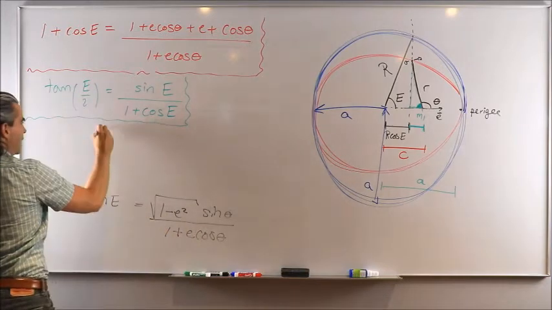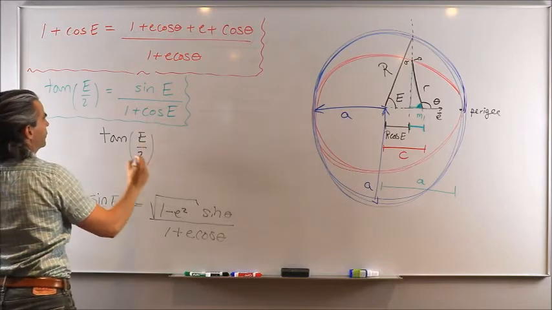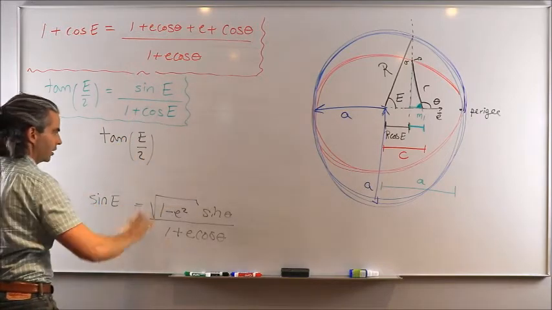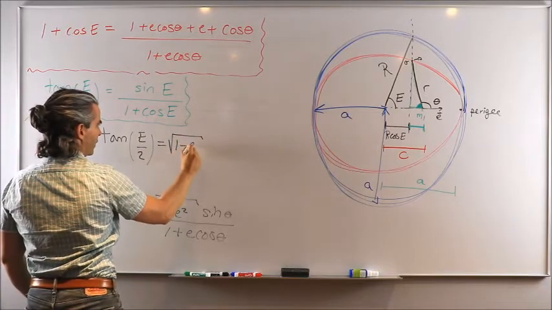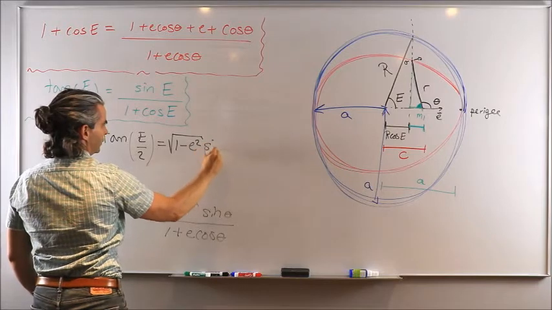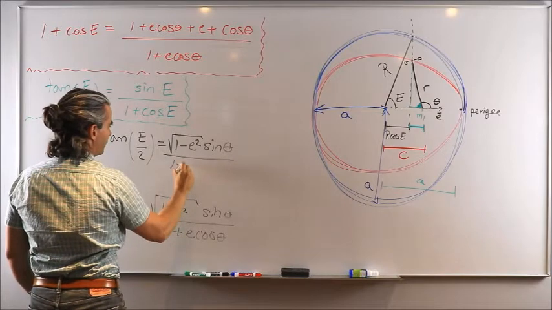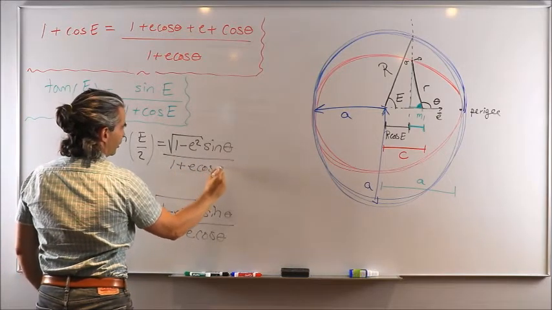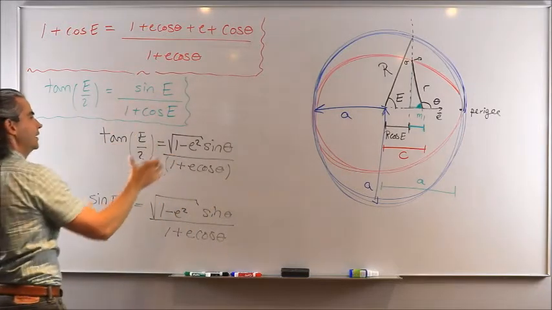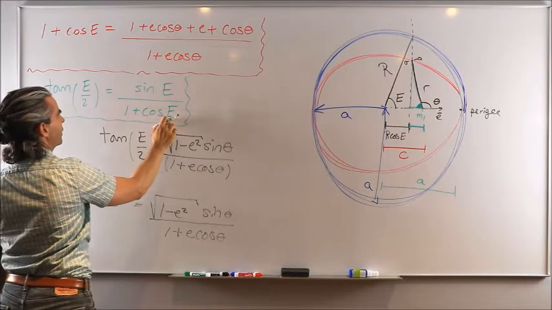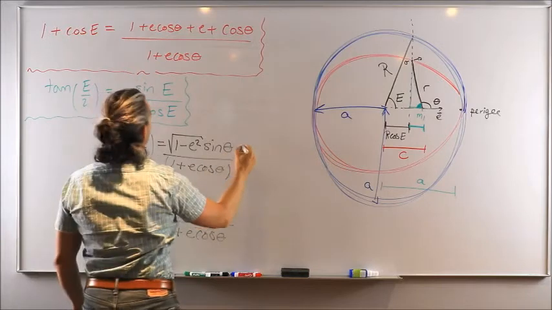So we're going to say that tan of eccentric anomaly over 2 equal to sine eccentric anomaly, which is all of this, so square root 1 minus e squared sine theta over 1 plus e cos theta. All this is for the numerator. Then I need to divide this with 1 plus cos theta, or in other words, multiply this with the inverse of this fraction, which is what I'm about to do.